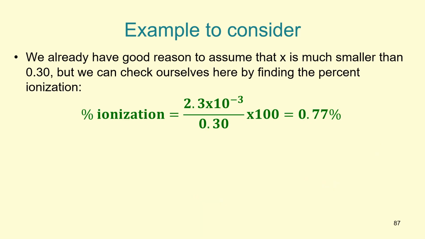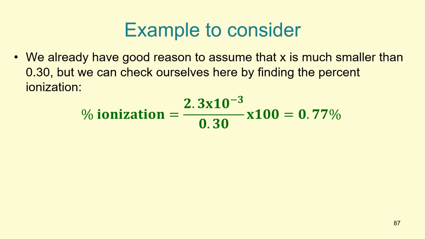Like I said, we already have good reason to assume that X is much smaller, but if I said what's the percent ionization, you can do that. 2.3 times 10 to the minus 3 divided by 0.3 times 100, it's less than 1% dissociation. So because the Ca over Ka is greater than 100, that means the ionization is less than 5%. So we're valid.